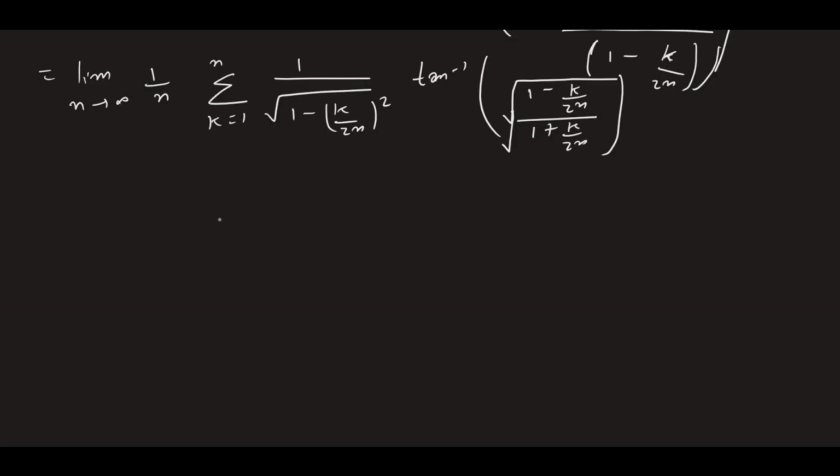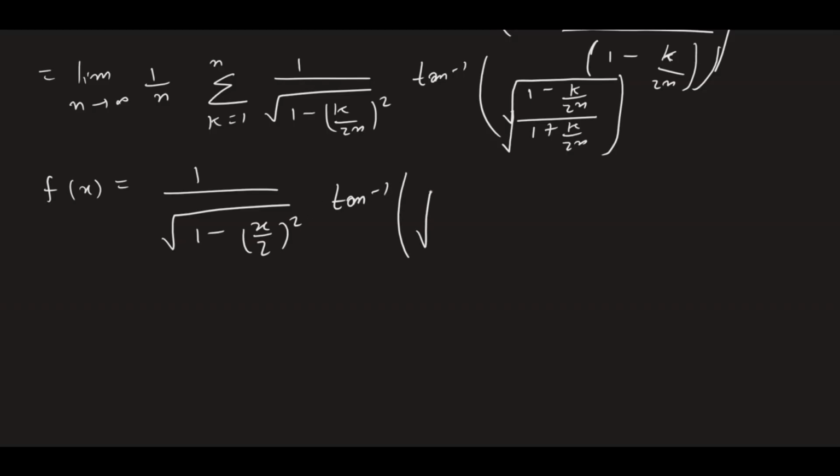Now here, if I consider a function f(x) equal to 1 upon root of (1 minus x by 2) whole square tan inverse of root of (1 minus x by 2) upon (1 plus x by 2), then we will notice that the thing inside this summation is nothing but f of k by n.